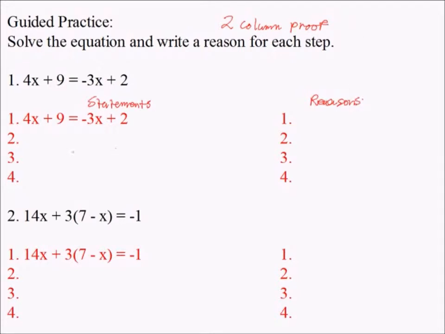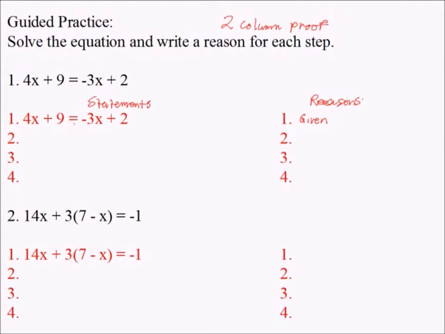So I want to solve the equation and write a reason for each step. 4x plus 9 equals negative 3x plus 2. You can say that that's the first step because they gave it to you. In a geometric proof, traditionally your first step is going to be given. So how do I solve here?